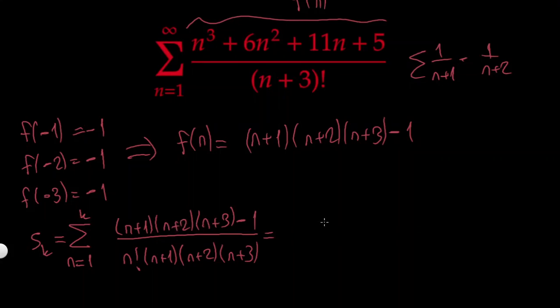So if I write this, it's going to be the sum, n from 1 to k, of 1 over n factorial, minus the same thing with 1 over n plus 3 factorial for this one, because now this actually makes sense.